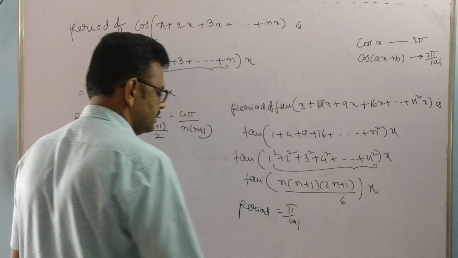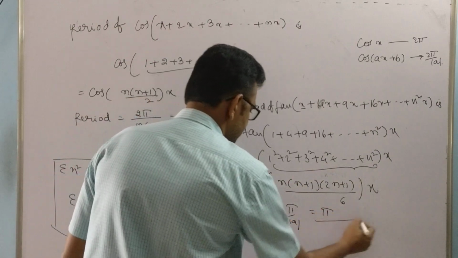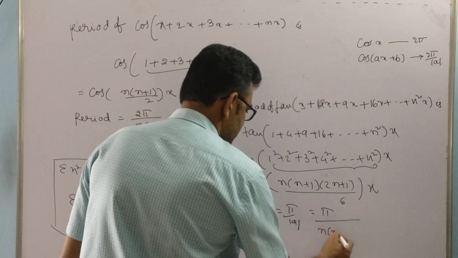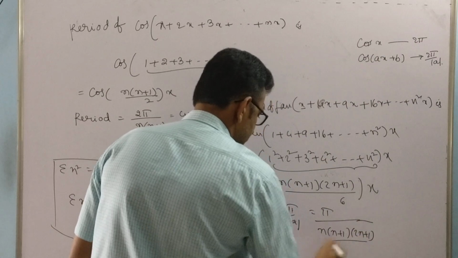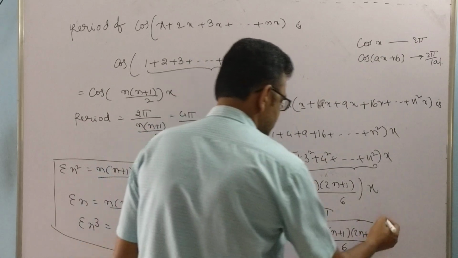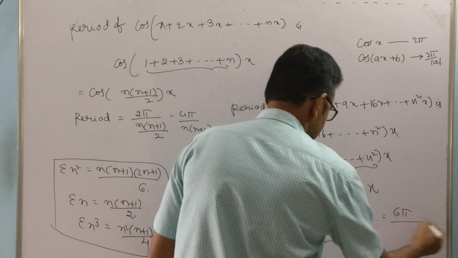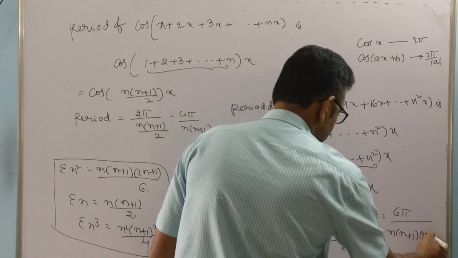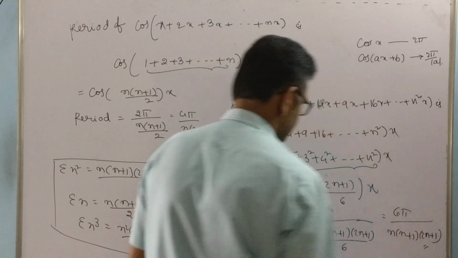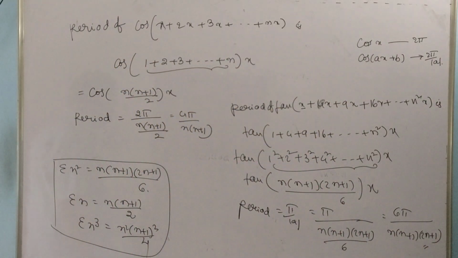That is equal to pi by n into n plus 1 into 2n plus 1 by 6, which is 6 pi by n into n plus 1 into 2n plus 1. So that is the period of the function.